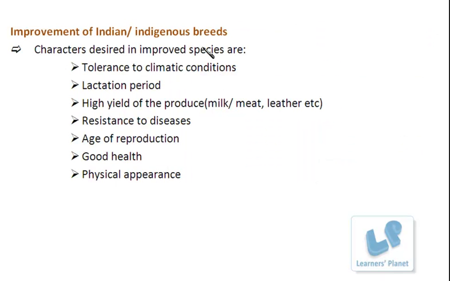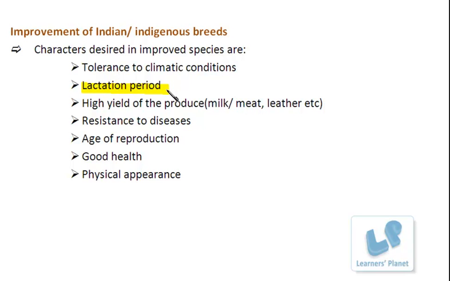Number one, tolerance towards climatic conditions. It may be temperature, hot or cold conditions, or moisture. Some basic physical conditions whatever the organisms are exposed to, they should be able to tolerate. Right, that is the very first important point.